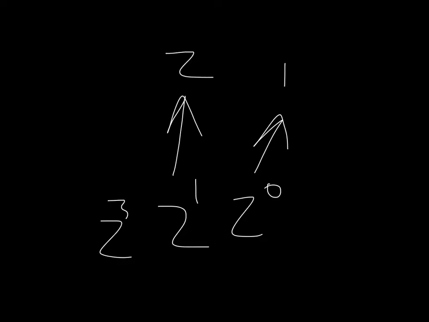Well, 2 to the 0, just like anything, is always 1. 2 to the 1 is 2. 2 to the second is 4. 2 to the third is 8. 2 to the fourth is 16. 2 to the fifth is 32. And 2 to the sixth is 64, and hopefully you've got the idea, right?